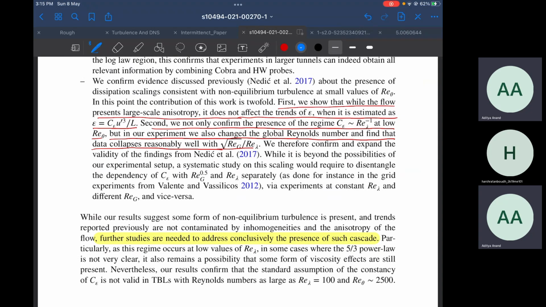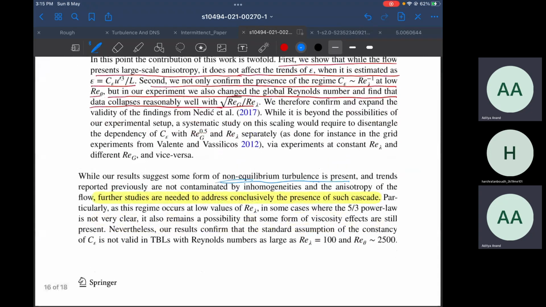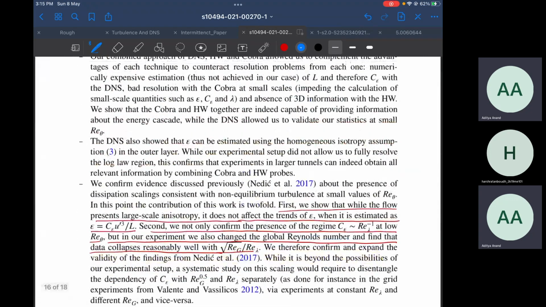Okay, so they have said that while our results suggest some form of non-equilibrium turbulence, trends reported previously are not contaminated by homogeneities and isotropy of flow. Further studies are needed to address conclusively the presence of such cascades. Okay, so what they say is that there is scope for improvement in their studies.